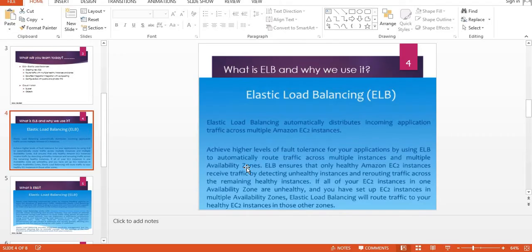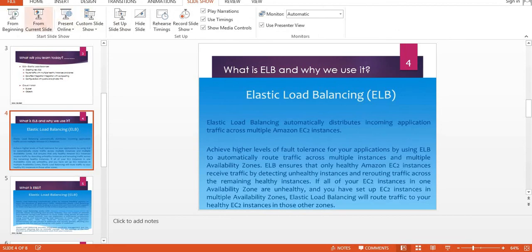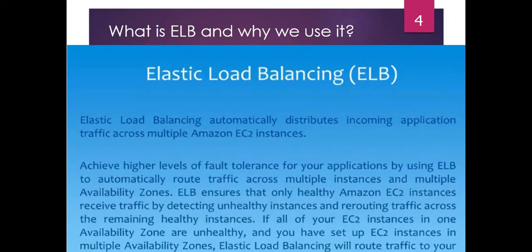So what can an ELB do? ELB, Elastic Load Balancer, automatically distributes the incoming traffic across multiple instances. It achieves a high level of fault tolerance for your application by automatically routing traffic across multiple instances and multiple availability zones.